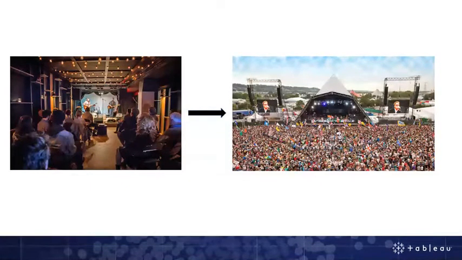What works at smaller scale, in the small concert venue, isn't going to work at big scale. Right? How do you let all the people into the venue? What's the fire and emergency exit plan? How do you supply enough food and drinks to such a large number of people? Right?